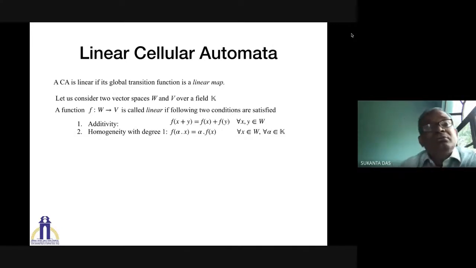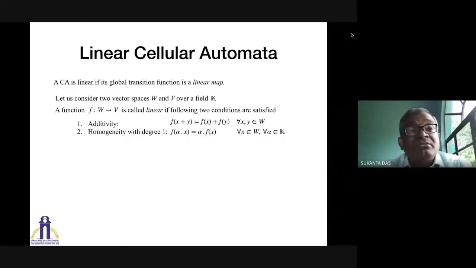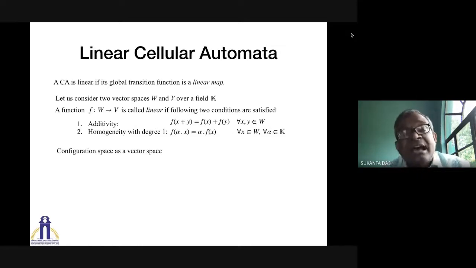So now, for a CA to be linear, these two conditions have to be satisfied by G, the global transition function. And before that, the configuration space is to be considered as a vector space. So we can do that.